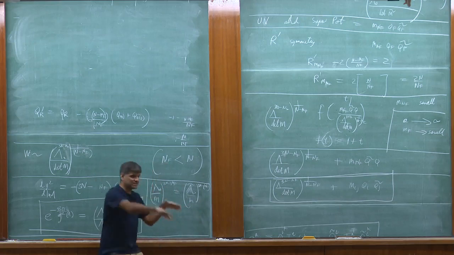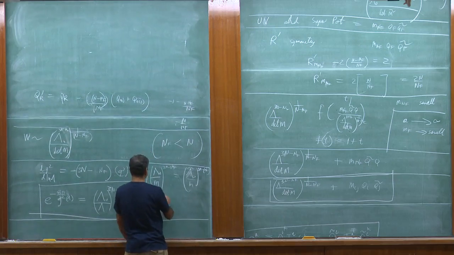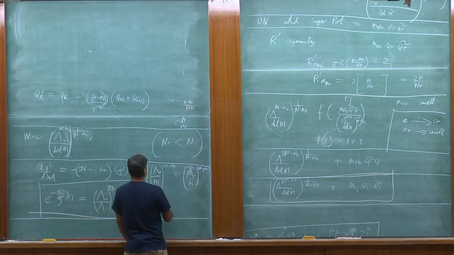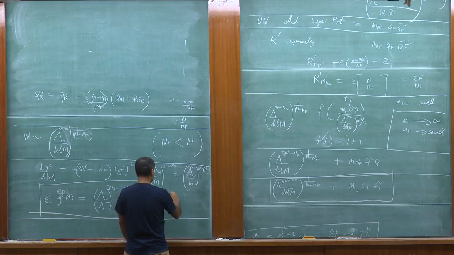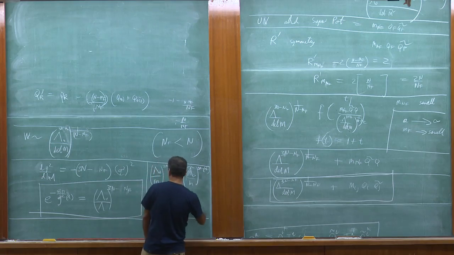Since the coupling constant is continuous, these two should be equal. And therefore we find that lambda naught tilde to the power 3n minus nf minus 1 is equal to lambda naught to the power 3n minus nf times m.